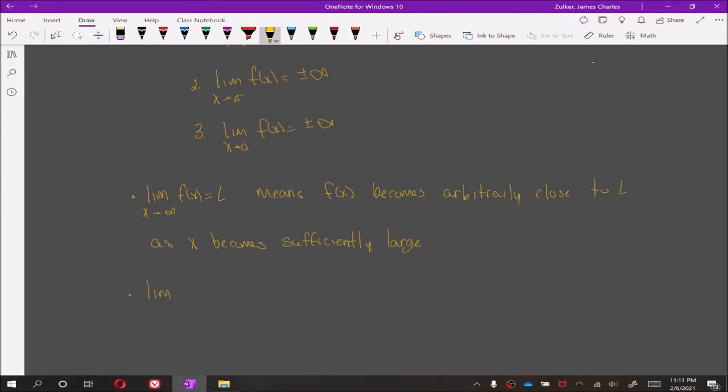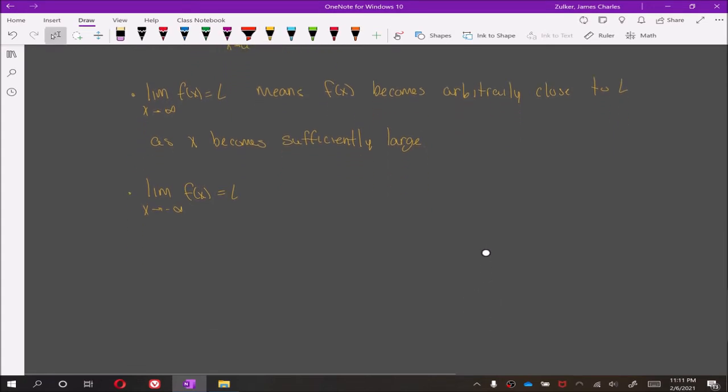And this limit as x approaches negative infinity of f of x equals L means f of x becomes arbitrarily close to L as x becomes sufficiently large negative.